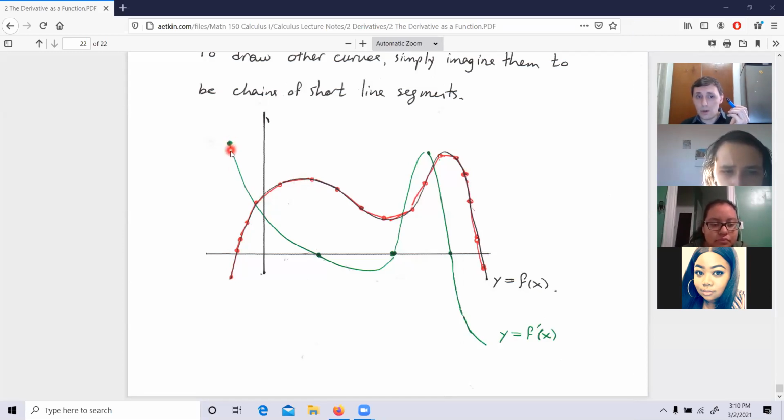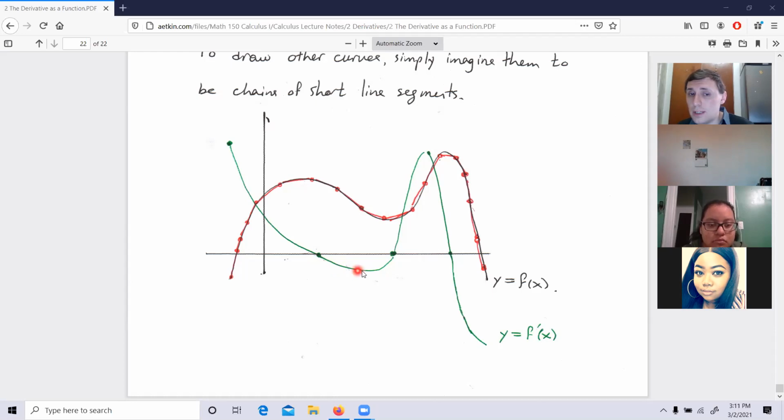So that means my slope is decreasing. Do you see why this curve is falling? It's positive slope, but the lines are getting less and less steep. So the slope is decreasing until it becomes horizontal somewhere here. Thereafter, it becomes negative until somewhere here, it's horizontal again. So it's negative, less negative.